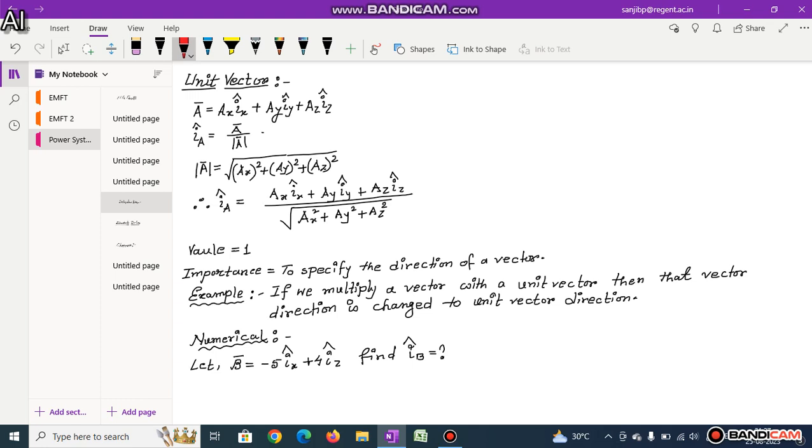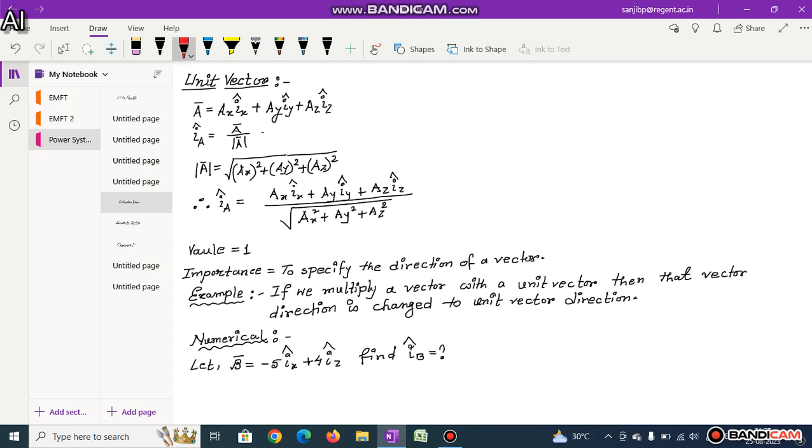This is the ratio between the vector and its modulus. To find the modulus, take each coefficient, square it, sum up those values, and then take the square root.